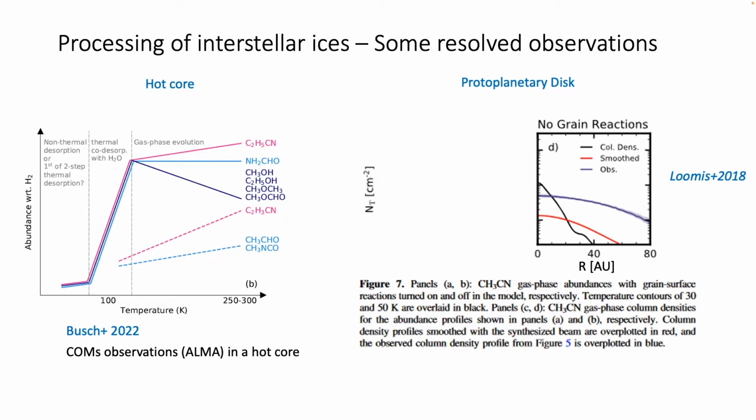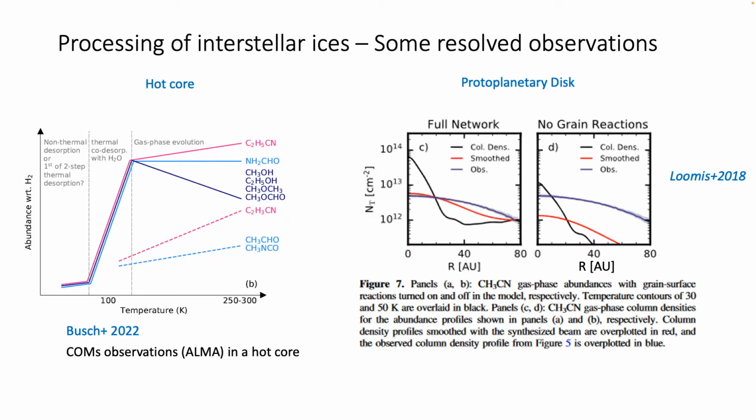There have also been some observations that are spatially resolved in protoplanetary disks. If you perform a model to explain the observation, where the observations are in blue and the model is in black, you see that with only gas phase reactions, you cannot explain the observation. So you really need a full network.